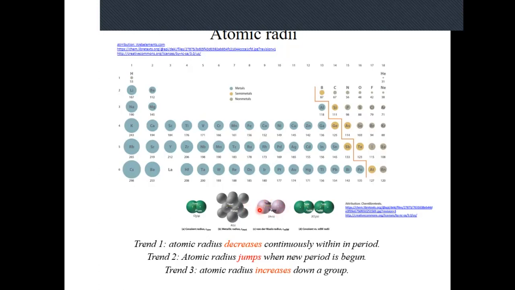In some instances, you can only define a van der Waals radius. So, for instance, when you look at argon, right? You could define a van der Waals radius in solid argon. But in solid argon, of course, you don't have molecules, you have only single atoms where van der Waals forces exist in between. Of course, you have to cool the argon to a very low temperature to make it solid.